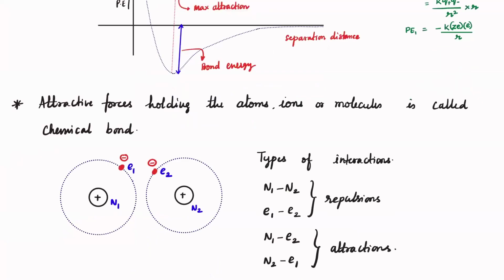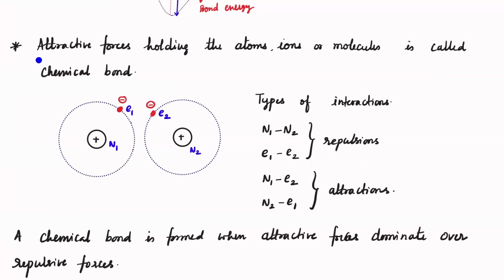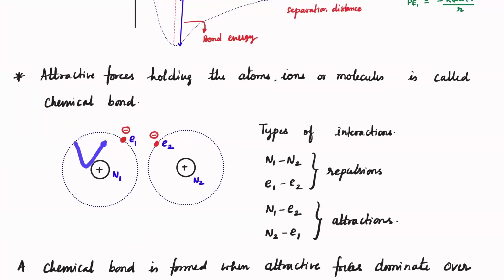Now, like I said, the attractive forces holding the atoms or ions is what we call chemical bonding. Now, what are all the attractions that are observed? Look into this. This is species 1 and this is species 2, or atom 1 and atom 2.